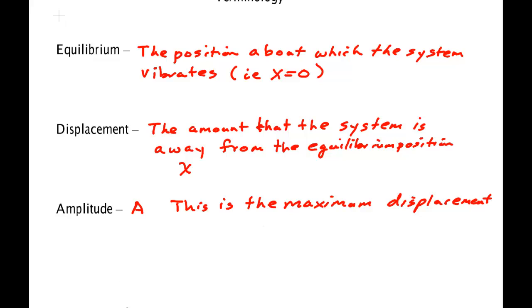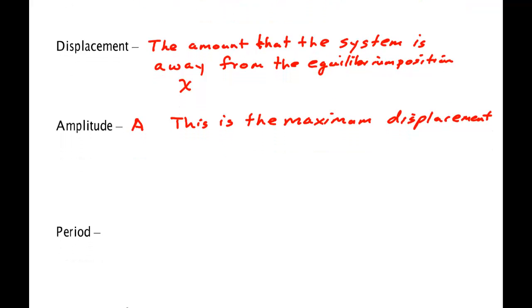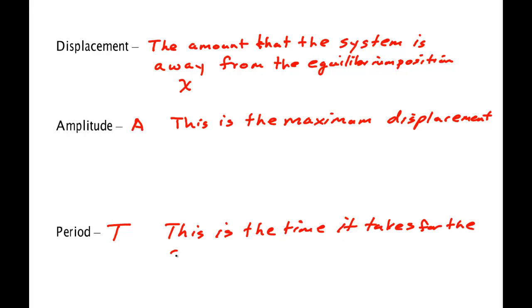The period is given the symbol big T. This is the time it takes for the system to complete one vibration.